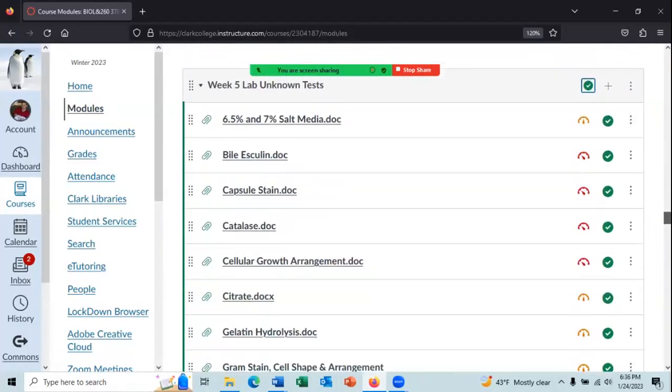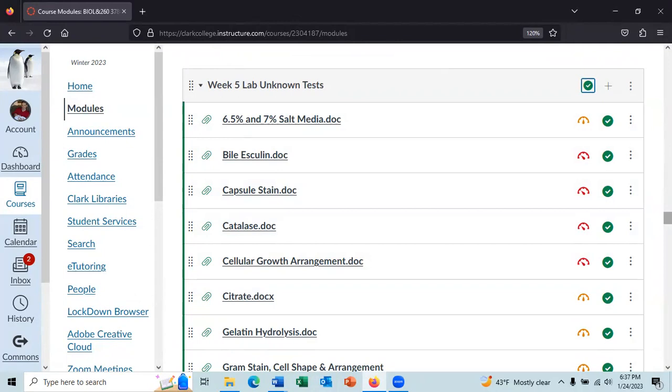These are some of the tests you could run. It's up to you which tests you want to run. I'll give you the bacteria number and you'll say, number 11, and you will be given your first 3 tests. I'll talk more about that later.